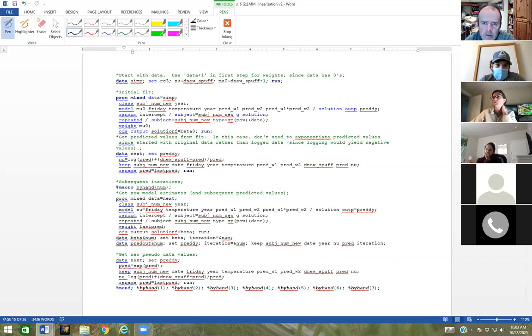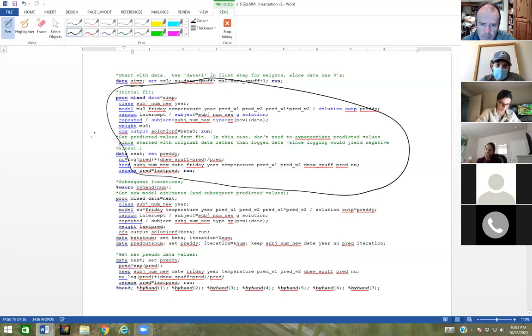So I wanted to use PROC MIXED iteratively to see if I got the same solution that GLIMMIX got. And so the code that I have here is SAS code. This first part here is the initial fit.